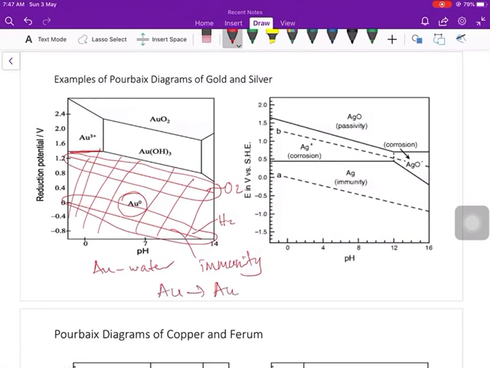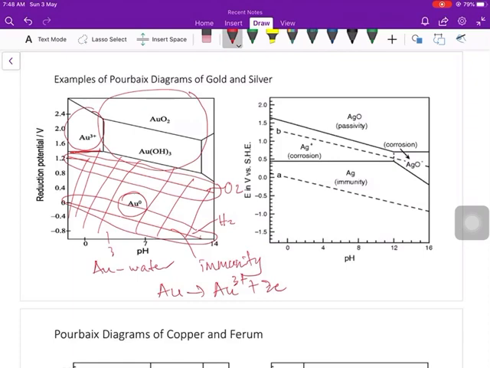So if you want to corrode it, to dissolve it to become Au3+ in this acidic region, you must use a strong oxidizing agent. Normal water will not corrode gold.